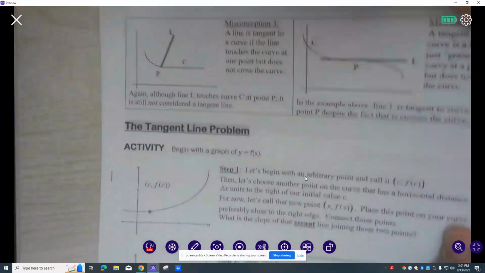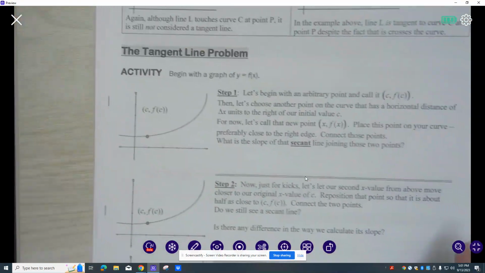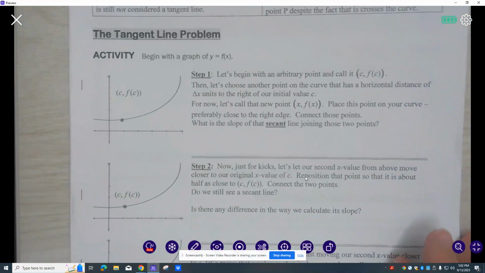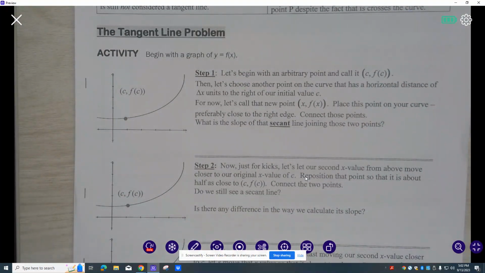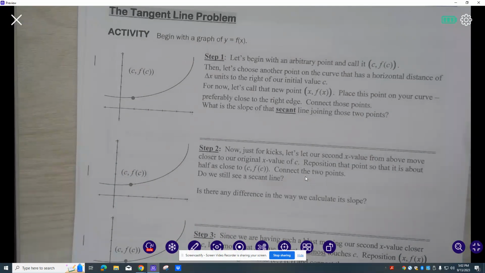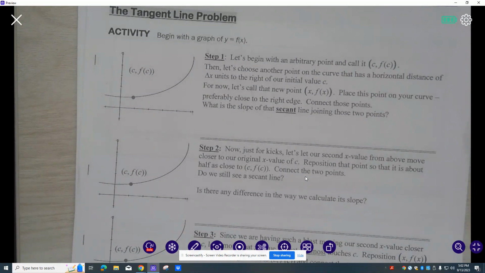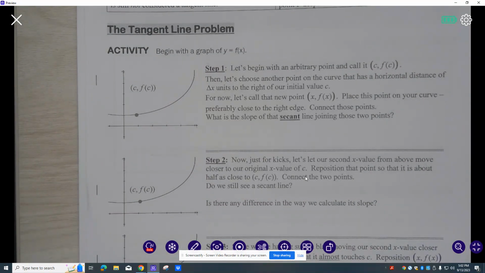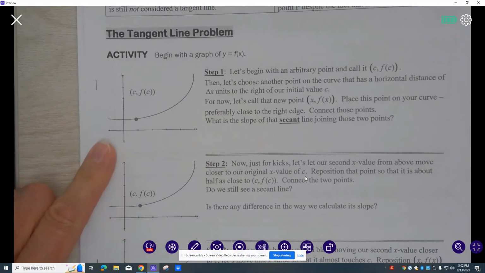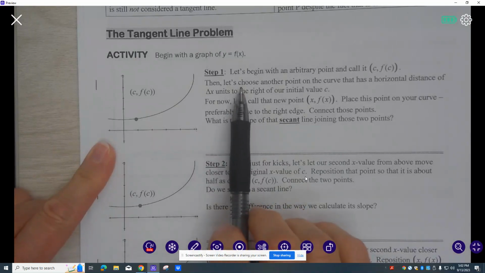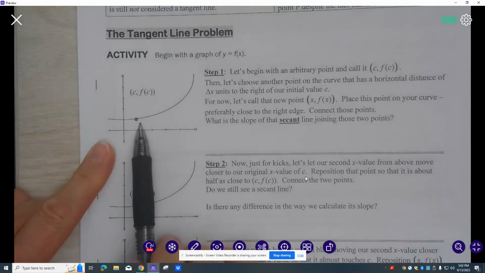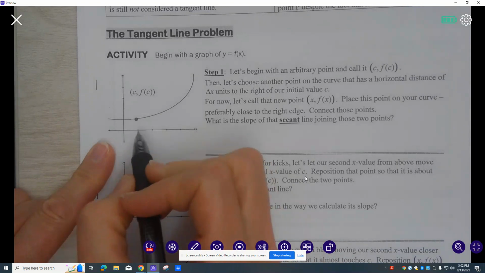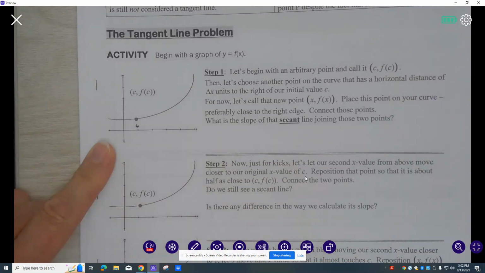Okay, now we did this a little bit in pre-calc. We're going to do it again, where we go through the activity of drawing a secant line and then choosing 2 points that are closer together and drawing another secant line until we get to a tangent. So this says begin with an arbitrary point, which we're going to say is this one right here that we're starting at.